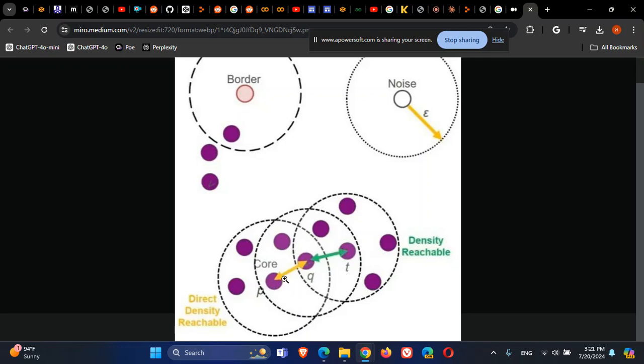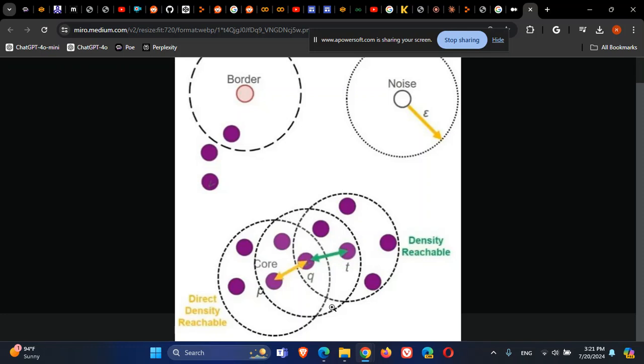Let's say min points is, I don't know, 5. So they are in the epsilon of another core point. So we are adding up the clusters. And then we're looking at that one. Again, this point is in the epsilon radius of that point. This point is a core point. This point is a core point.